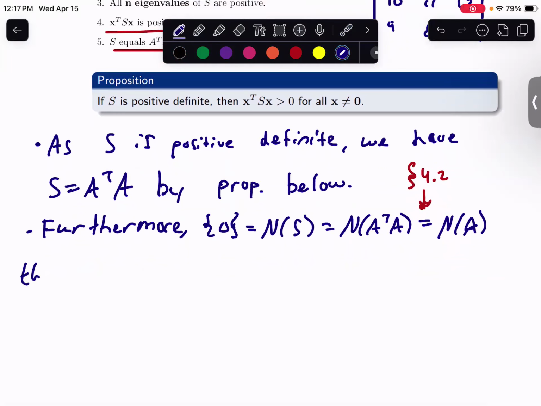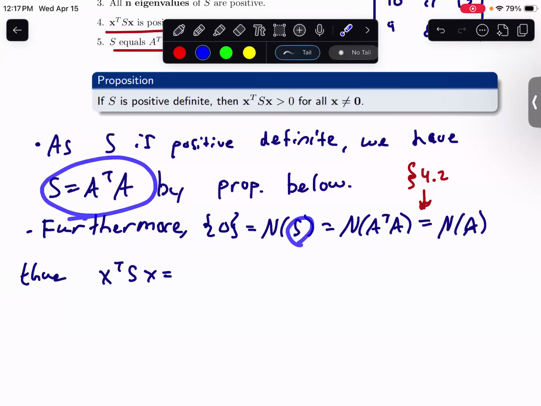And so thus we can say the following. If we look at X transposed times S times X, because S is equal to A transpose times A, we can make the following substitution.